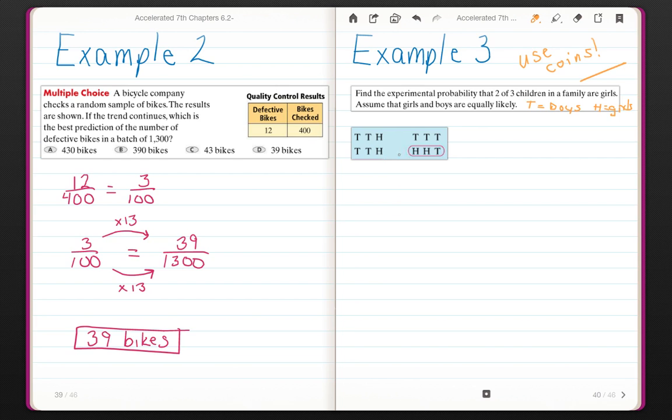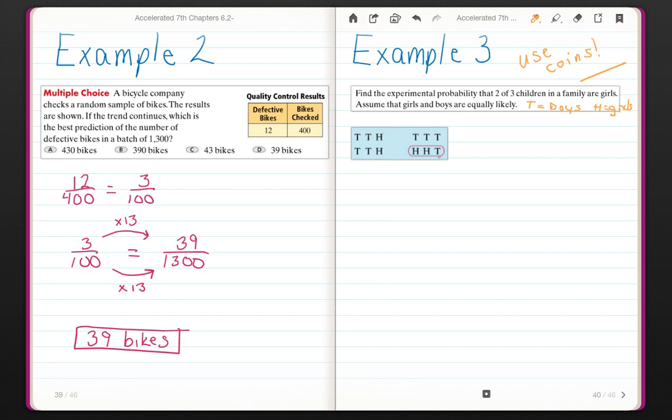So if you toss that coin, and the first time you get tails, tails, heads, write it down. Flip again. Tails, tails, heads again. Flip again. Tails, tails, tails. All boys. Flip again. Heads, heads, tails. Whenever you get heads, heads, tails, I want you to circle it.